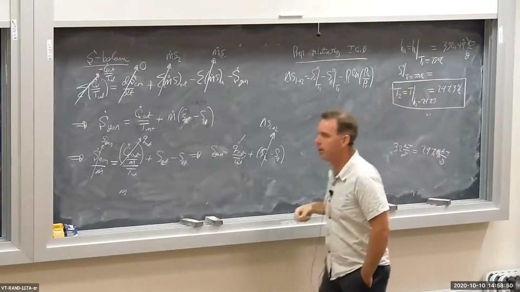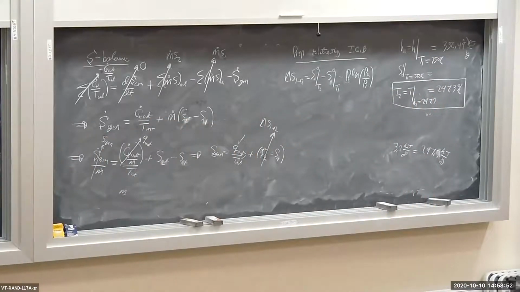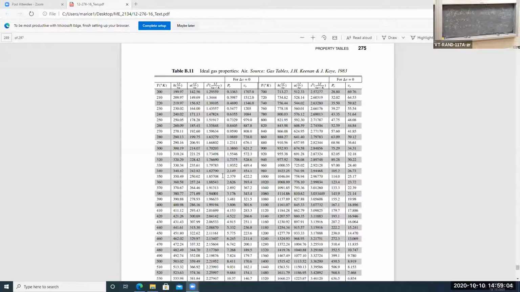I go to the IGB air property tables and pull out S naught at the inlet temperature. Here's 350, and here's S naught: 1.857 kilojoule per kilogram degree Kelvin.